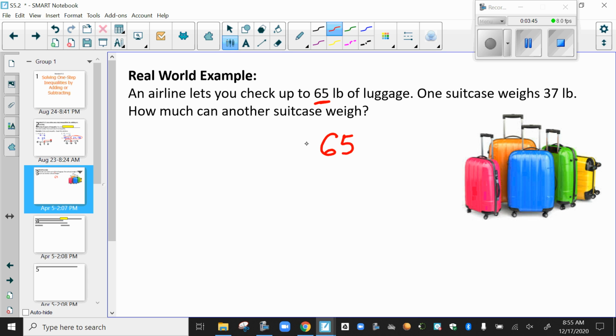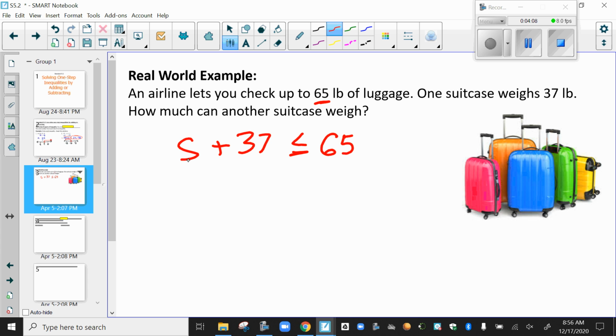Then I need to know what sign is going to go in front of it. So our luggage, here, this will be our luggage. We're going to fill that in. Has to be less than or equal to 65, right? Up to, we're going to say less than or equal to 65, right? So then we need our 2 bags we need to figure out here. So if one suitcase weighs 37 pounds, how much does the other one weigh? We're going to put S for suitcase.